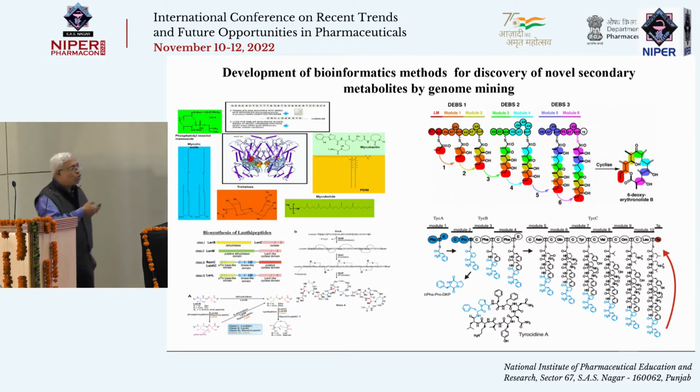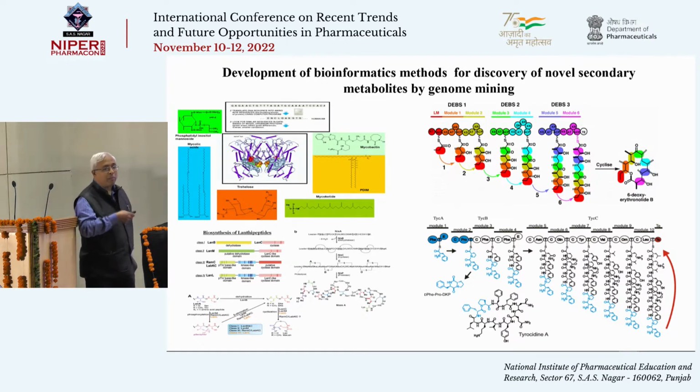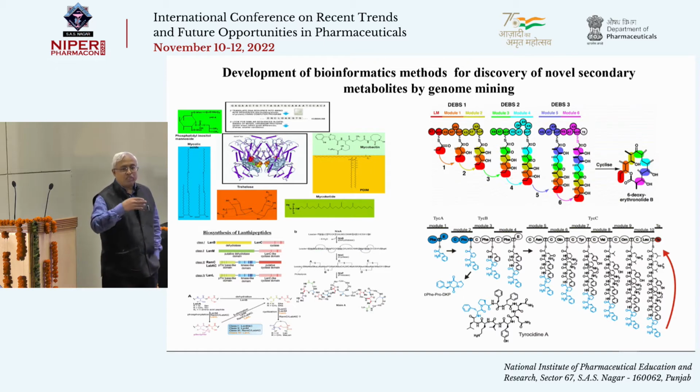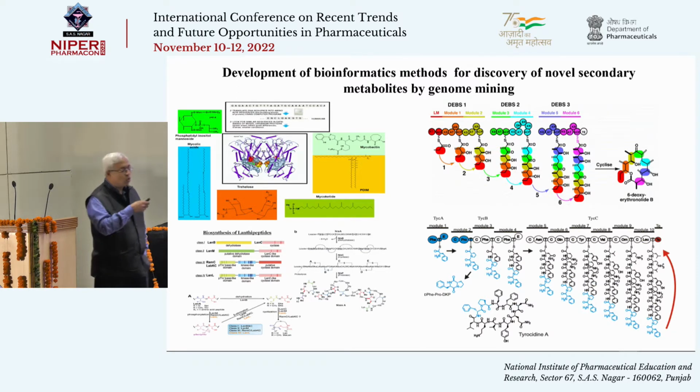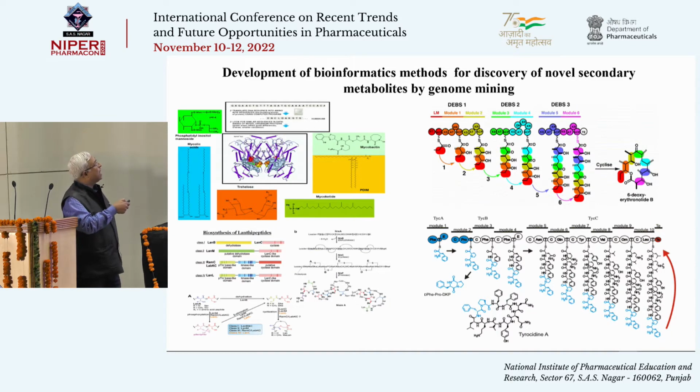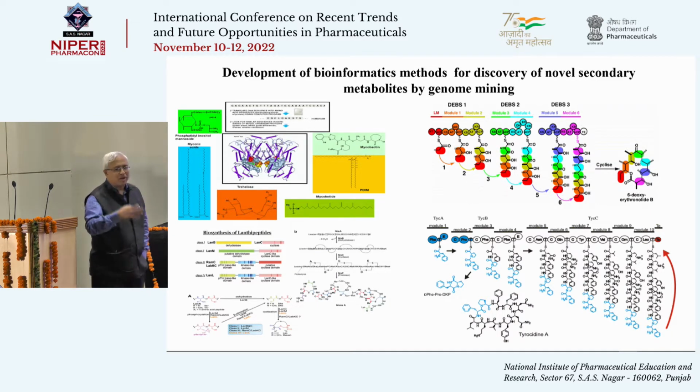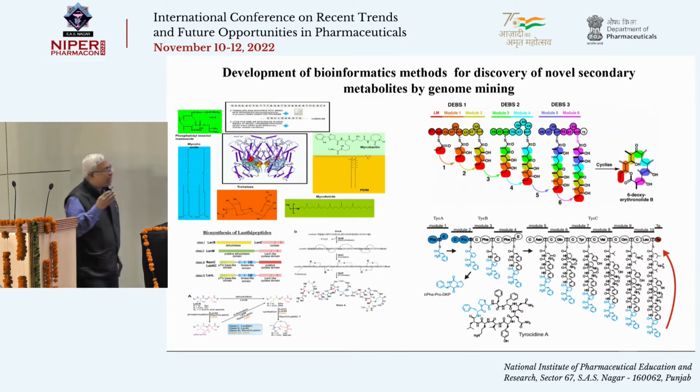These are the tools which were initially developed for genome-guided natural product discovery. Natural product discovery was initially the domain of chemists and microbiologists, but when genome sequences came, bioinformatics tools were developed, and the same tools can be used to answer the questions I am proposing. All this involves dealing with sequence, structure, function, on which Dr. Sastry gave a very good overview.